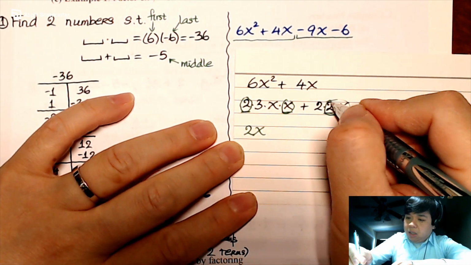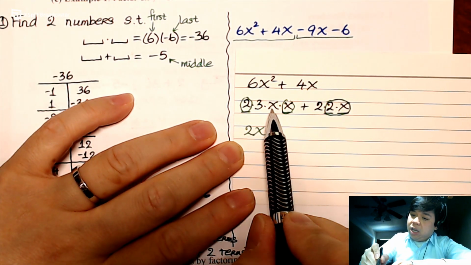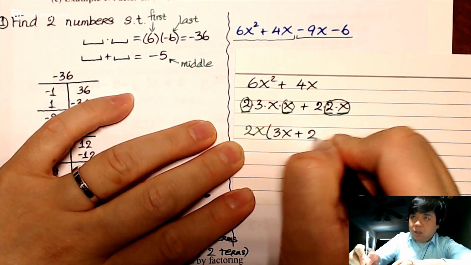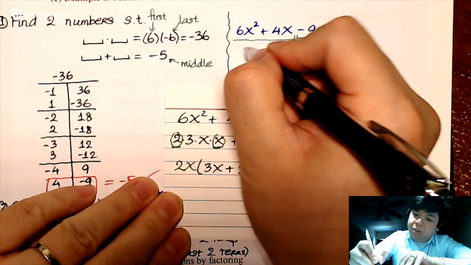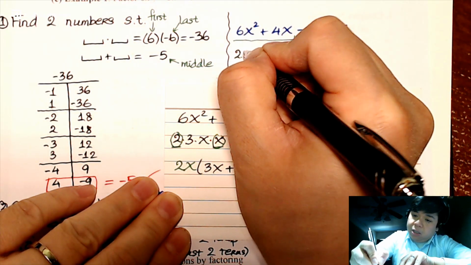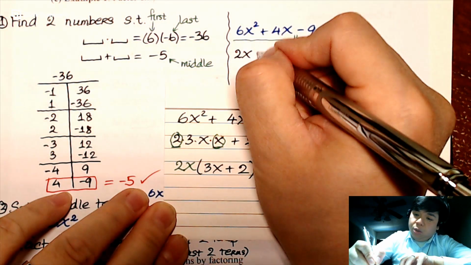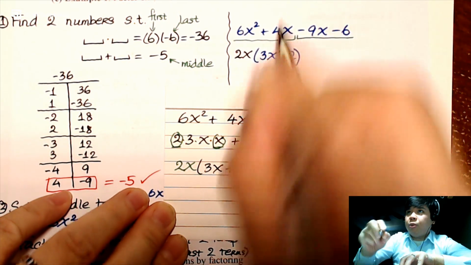After we write the common factor out, we are left with the different part, the 3x plus 2. That's how we factor. This we have 2x is common. And then we have 3x plus 2. Okay, so that's the first two.